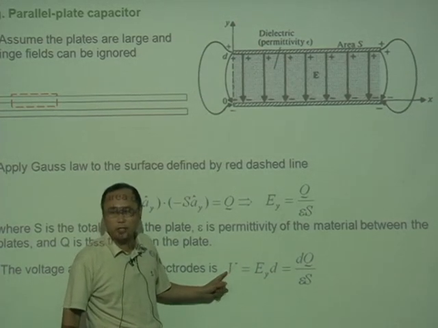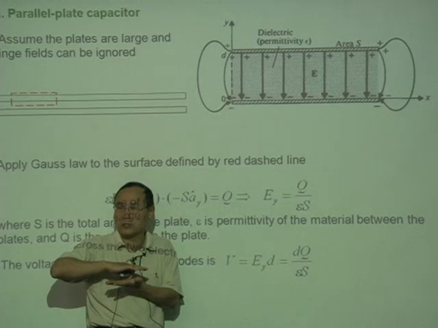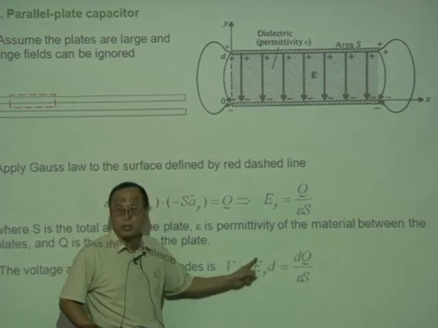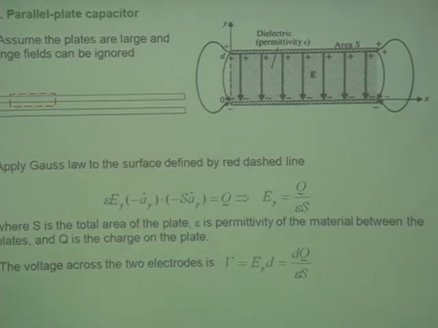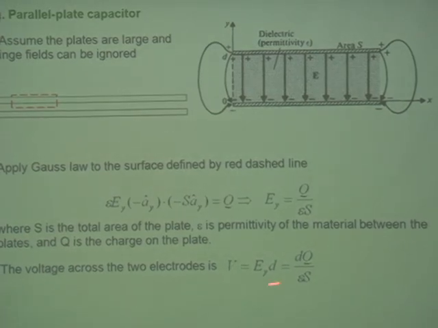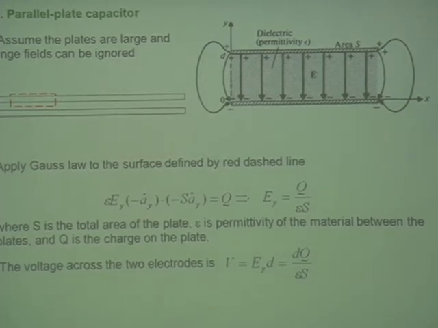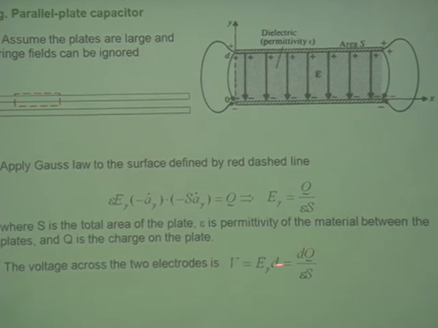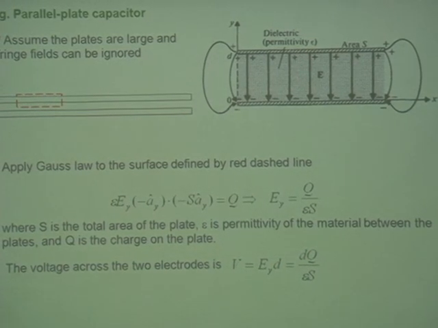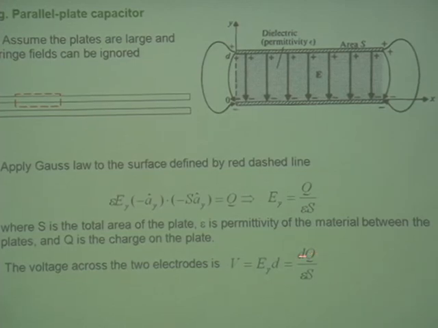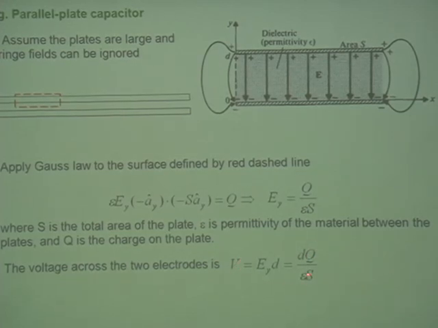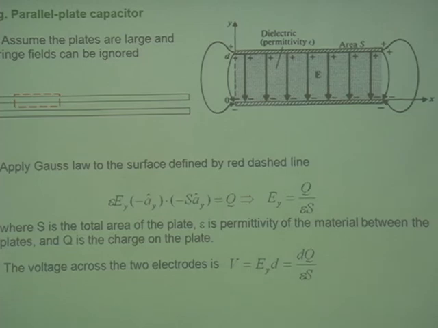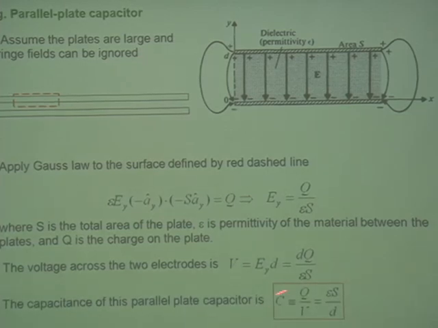Okay, under the assumption that these two plates are very close to each other, there's no Y dependence on electric field. So this is sort of the equation we want to deduce the capacitance, right? This D is the distance between these two plates. So you just move this Q upstairs and V downstairs. You end up having a capacitance look like this.